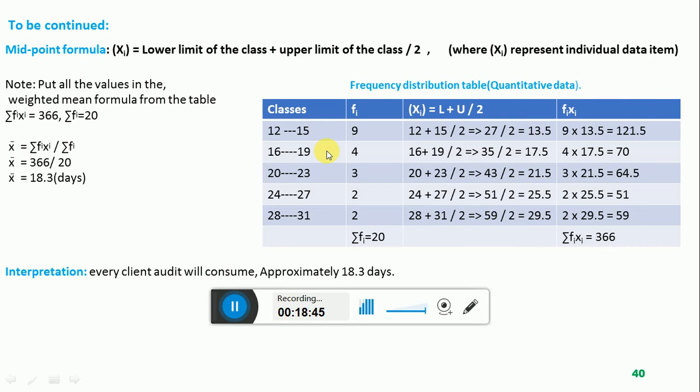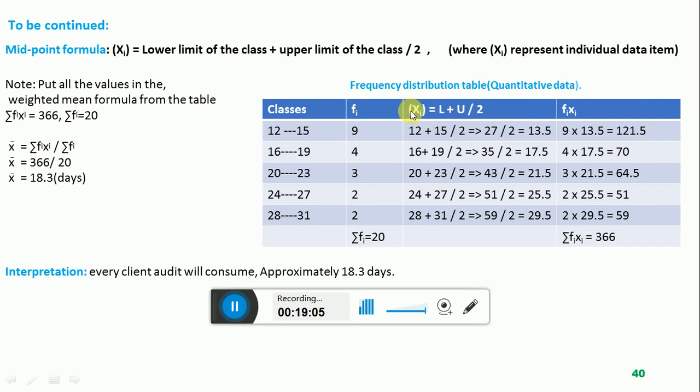We are starting by determining, defining, developing the first data item for the first class. So this is the first class. The lower limit of the first class is 12, the upper limit of the first class is 15. The frequency of the first class is 9.